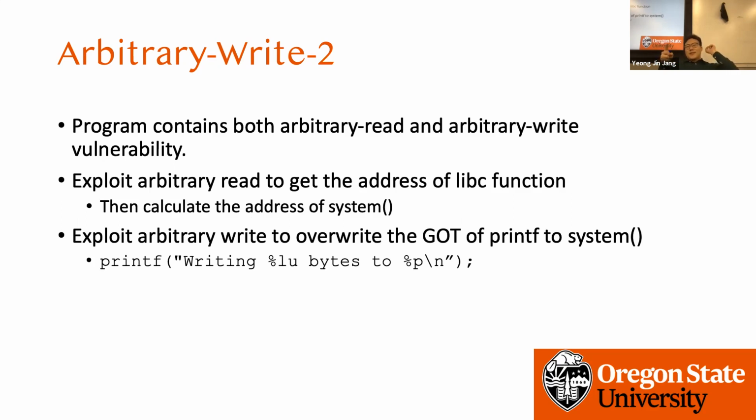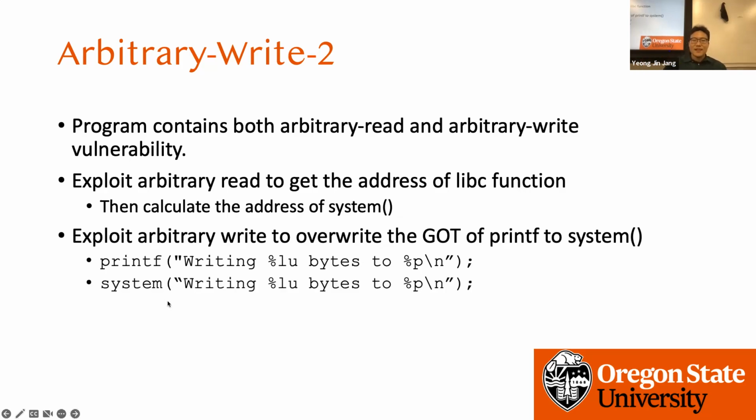So use arbitrary read to leak the GOT entry and the printf address, calculate the offset to get the system address, and then replace that. Then printf will be changed to this execution.